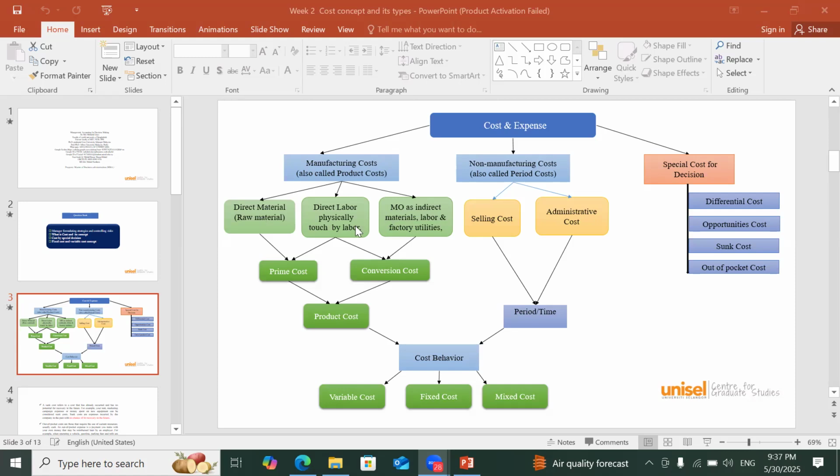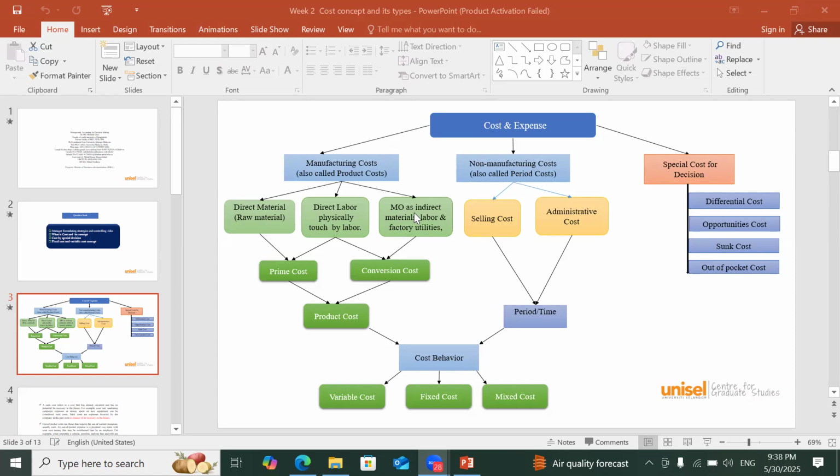Direct labor, those who are physically involved or tasked to produce a product. An engineer is direct labor to produce a robot.